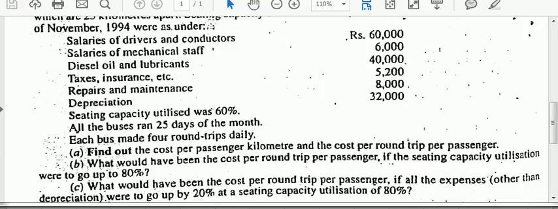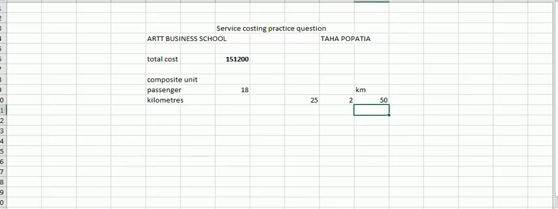Each bus made 4 round trips daily. So we have 10 buses, and each bus travels 4 times a day. There are 25 days in a month in which a bus travels, and the kilometers for a single round trip is 50. So it should be 50,000.